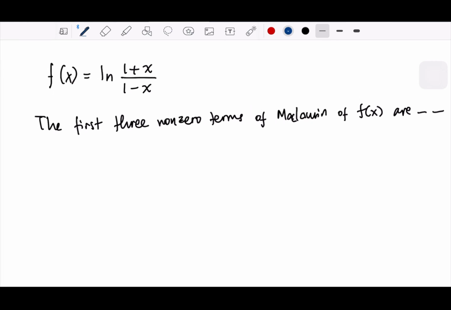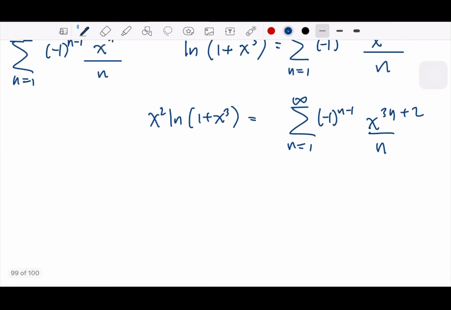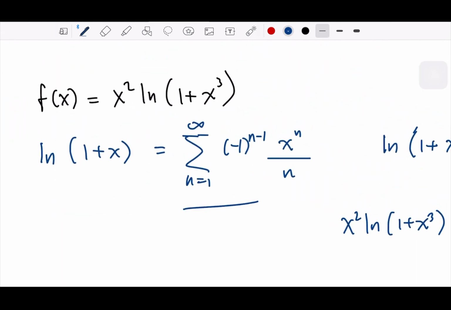Okay. Now, if we want to solve this, if we look back to what we have in ln 1 plus x, this is what we have. We can rewrite this, or maybe let me copy this.